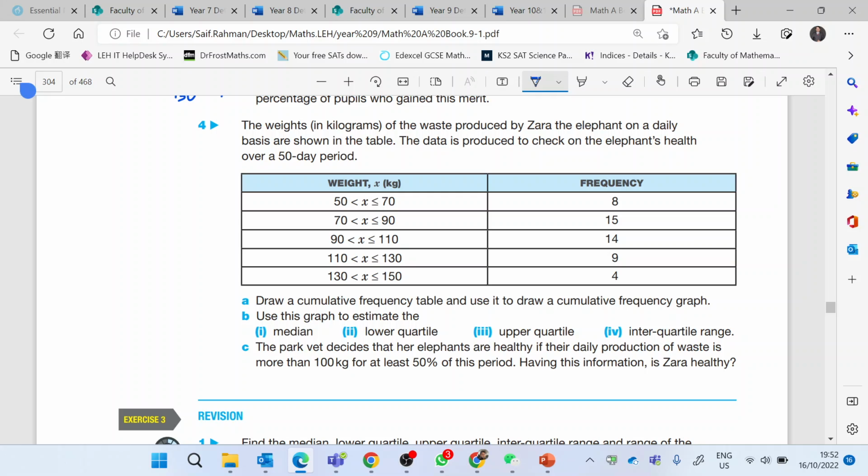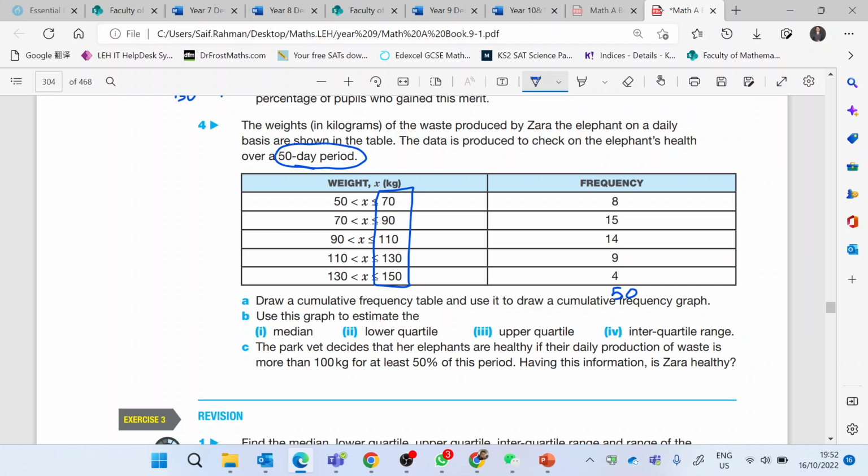The weight in kilograms of the waste produced by Zara, the elephant, on a daily basis is shown in the table, over a 50-day period of the elephant's health. Okay, so the frequency here totals 50, and the weight is this one. So you can just see here the highest one, draw a cumulative frequency table.